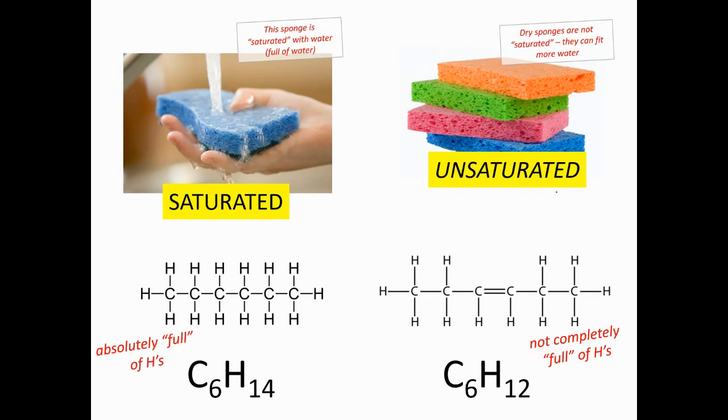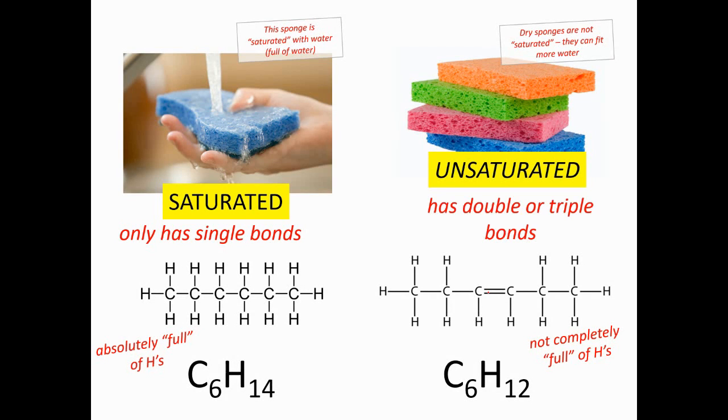When we look at molecules, a carbon molecule like C6H14 that's all single bonds, it's absolutely full of the maximum number of hydrogens. But this C6H12, which has a double bond in it, it's not completely full of hydrogens. If we broke this double bond, we could fit in some more hydrogens. If we made this a single bond, we could fit in more hydrogens. So saturated basically just means it's all single bonds.